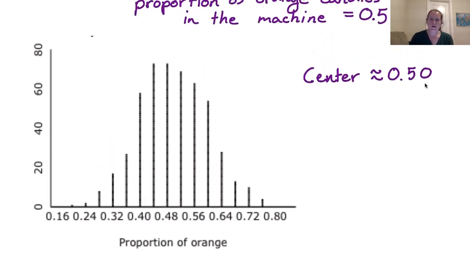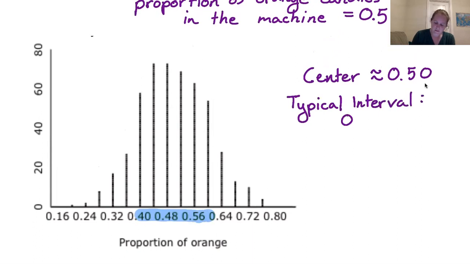If we look for our sort of typical interval, I would say that our typical values are between 0.40 and 0.60 is where most of the data falls.